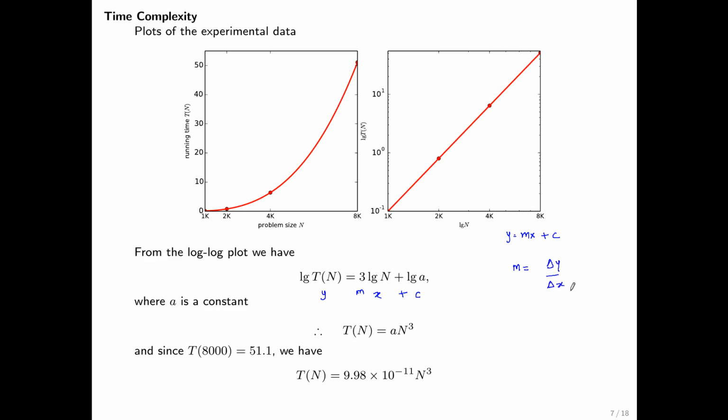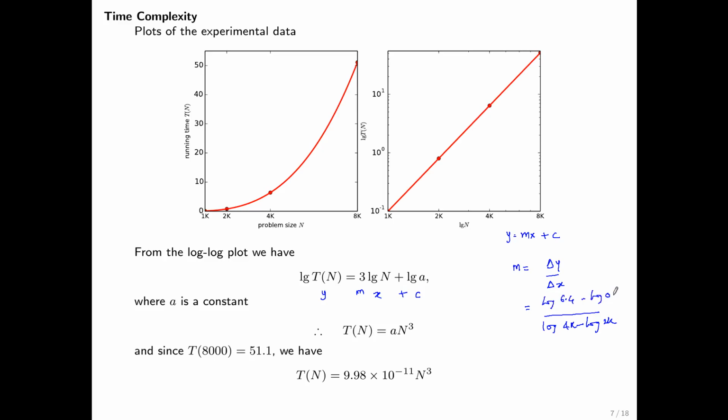So if you go back to the experimental data from the previous slide, you'll see that for two values of x, log of 4k and log of 2k, the corresponding values of y are log of 6.4 and log of 0.8.